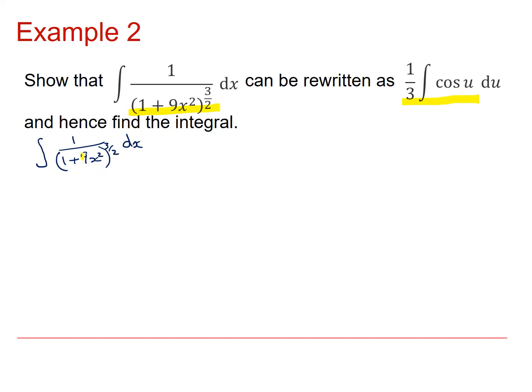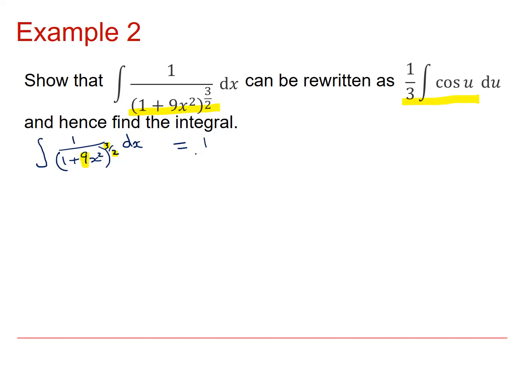And the issue I've got in here is this 9. I'd like a coefficient of just 1 for x squared, so I'm going to take out a factor of 9 from this bracket. As it comes out of the bracket, it's going to be affected by a square root, making it 3, and then a cube, making it 27.